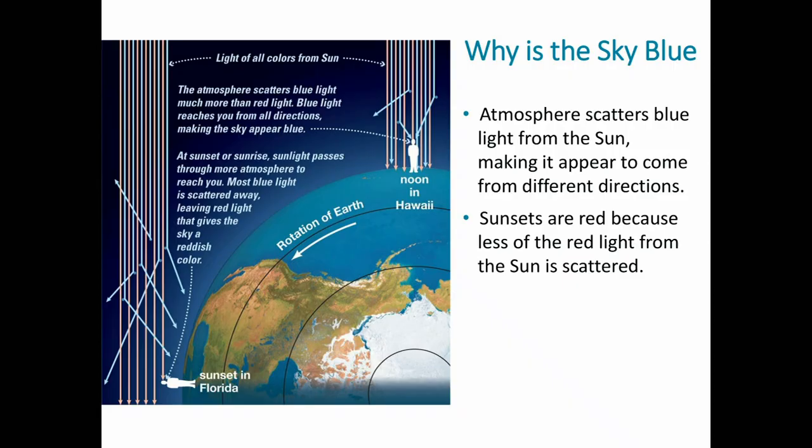When you're closer to sunset or sunrise, now the red light is going to be coming straight into your eye because it's not getting scattered, and the blue photons are still getting scattered, but it's no longer blue light coming from every direction. Some of the scattered light is not hitting your eye at all. And so you get these red sunsets, but you have blue skies during the daytime.